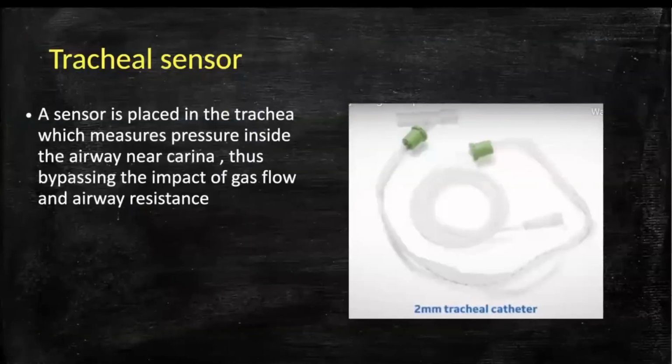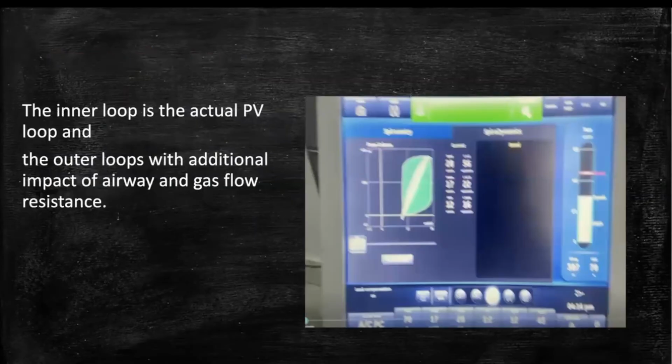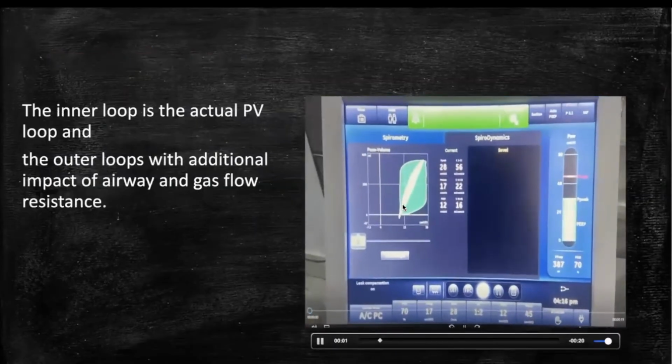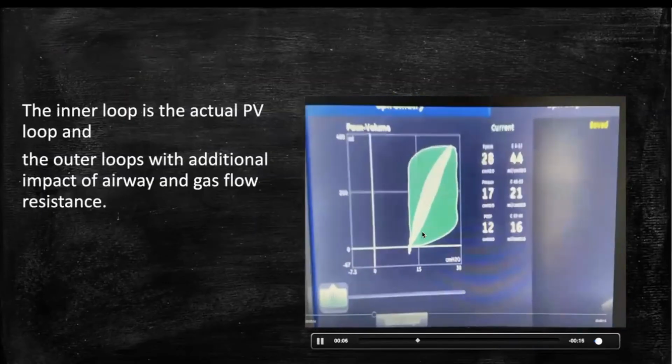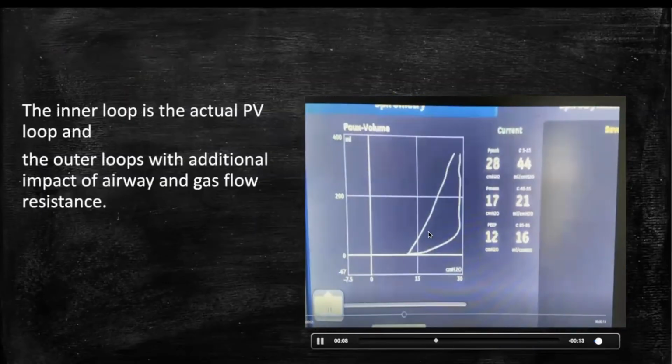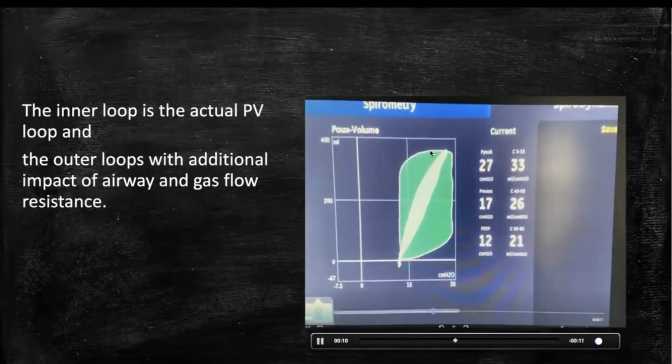There is one more technique where a tracheal sensor is inserted in the trachea, and it measures the pressures and volumes directly at the level of the carina. So it eliminates all the contribution of the gas flow, airway resistance, etc. And we can see in this video that the inside one, the white one, is the static PV loop, and the outside bulging is the normal PV loop.